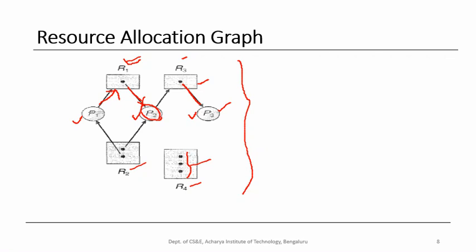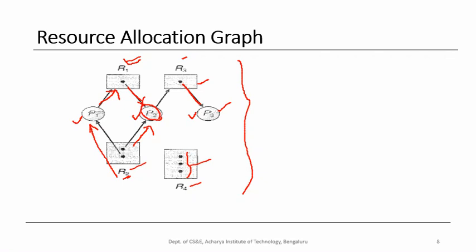So what kind of edge is this from R2 to P1? This is an assignment edge. One of the instances of R2 is allocated to P1, or P1 is holding one of the instances of R2. Similarly, this is also an assignment edge: one of the instances of R2 is held by P2.